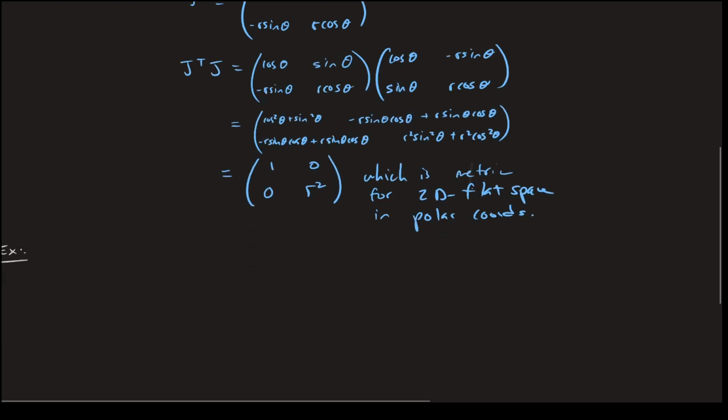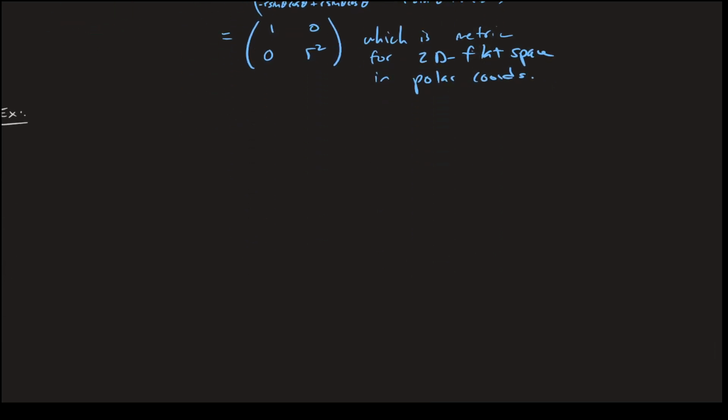Okay. Another example here says find the arc length using A, Cartesian coordinates, and B, cylindrical coordinates.